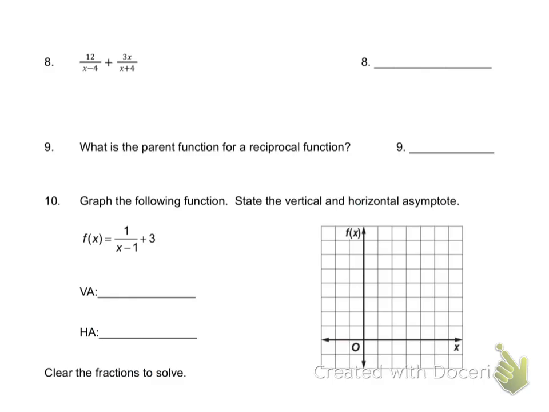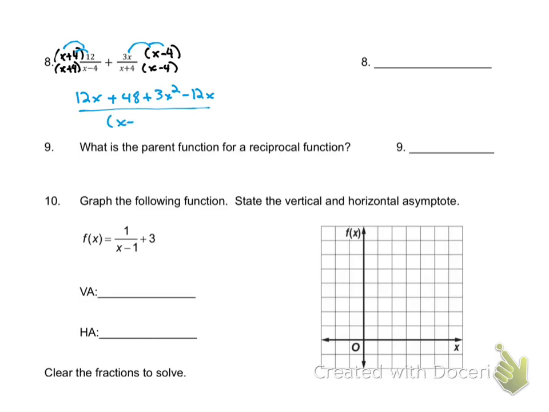Number 8, need to multiply the left side by x plus 4. Need to multiply the right side by x minus 4. Distribute, that gives us 12x plus 48 plus 3x squared minus 12x over x plus 4, x minus 4.